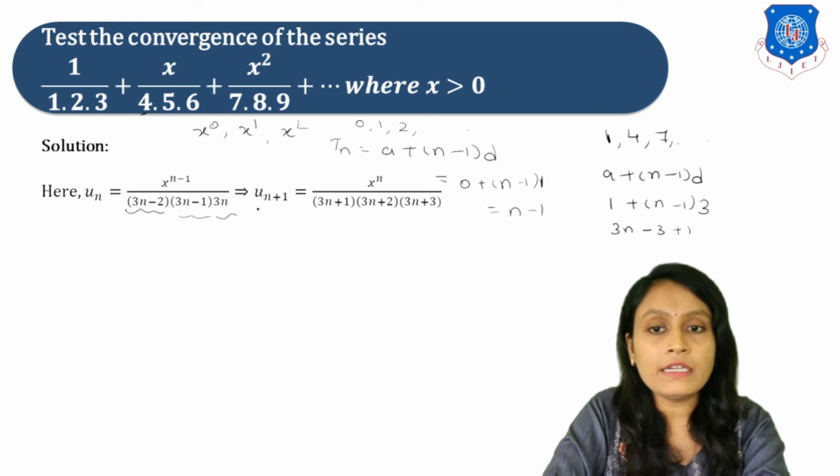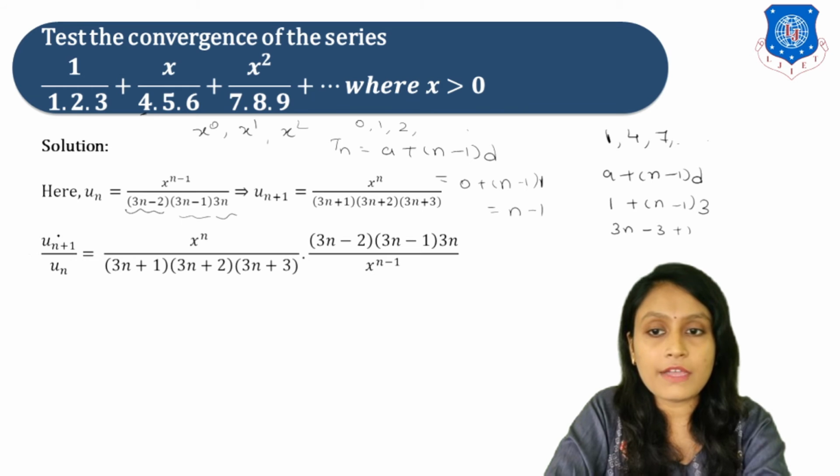Now we will find un plus 1, that is x raised to n upon, in place of n just write n plus 1, so you will get x raised to n upon 3n plus 1, 3n plus 2 and 3n plus 3. Here we will apply ratio test. So firstly find out this un plus 1 upon un.